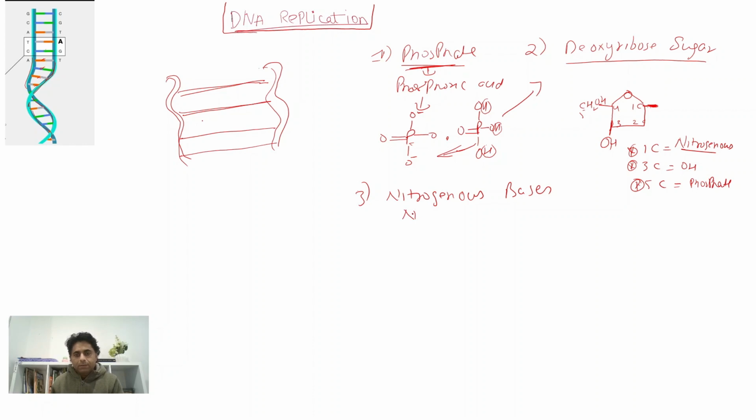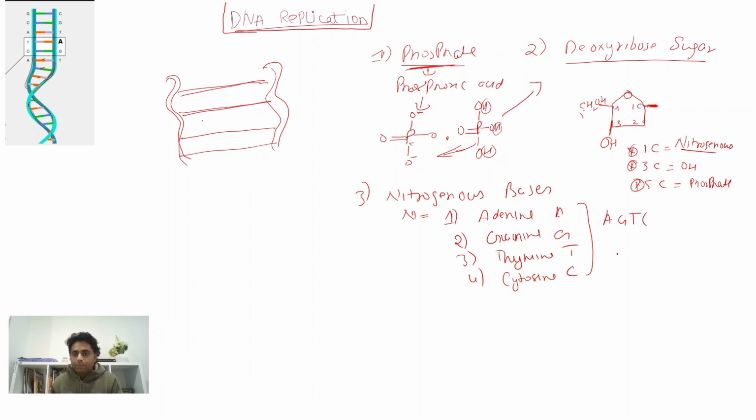The first one is adenine, A. The second one is guanine, G. The third one is thymine, T. The fourth one is, does anybody know the fourth one? Cytosine, cytosine, C. So A, G, T, C. Okay, these are the four nitrogenous bases.